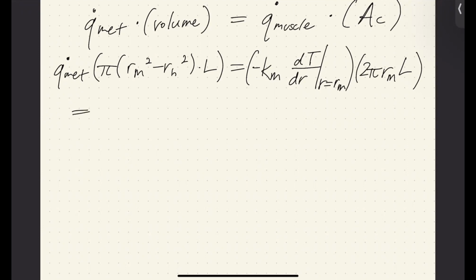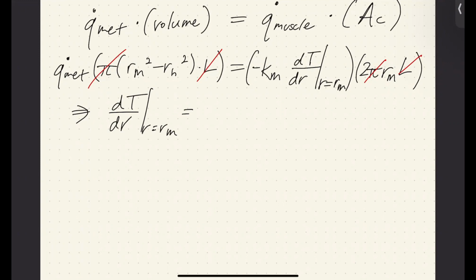So in the end, let's do some canceling out. We cancel out the pi's. What else can we cancel out? We can cancel out the L's. That's it. Well, we can rearrange this to get dT/dr at r equals rm is equal to what?